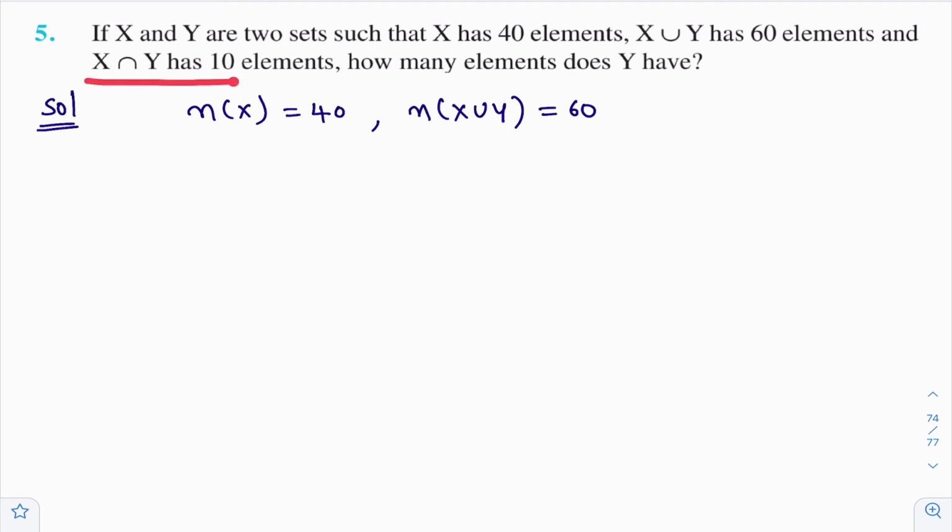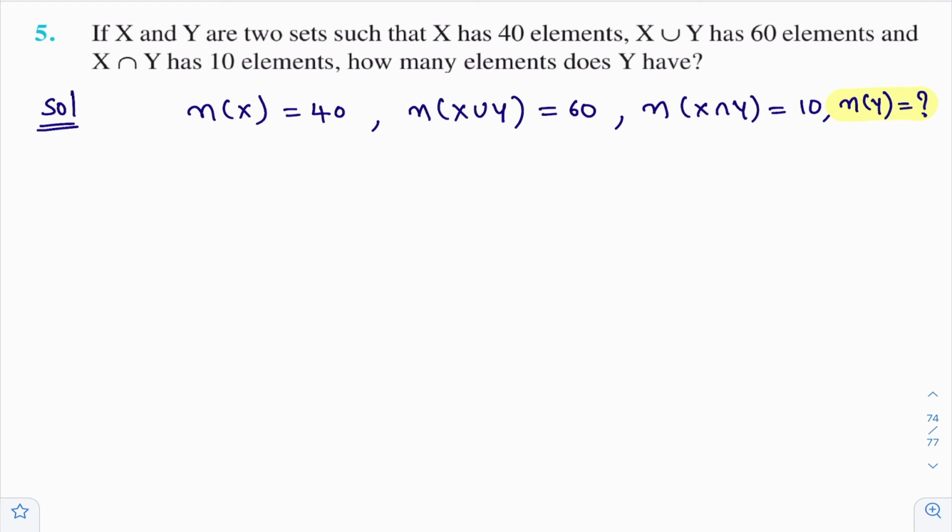And X intersection Y has 10 elements, so n of X intersection Y equals 10. What they are asking, how many elements does Y have? That means they are asking us to calculate n of Y.